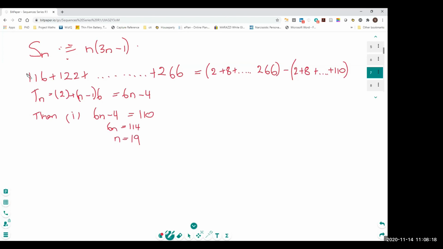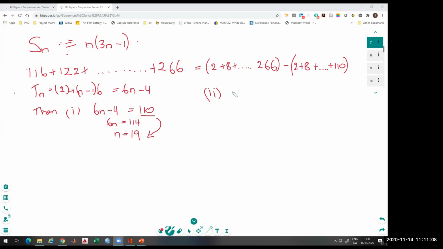So we know that 110 occurs at term 19. So on part 2 here, we need to identify what term 266 is. In other words, 266 there and 110 there.